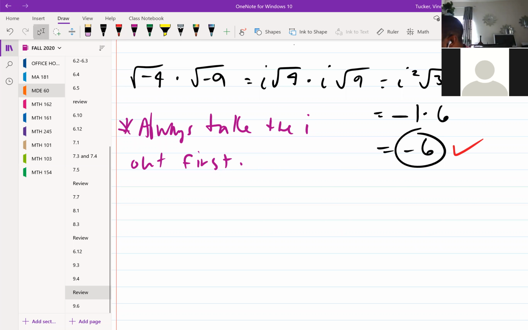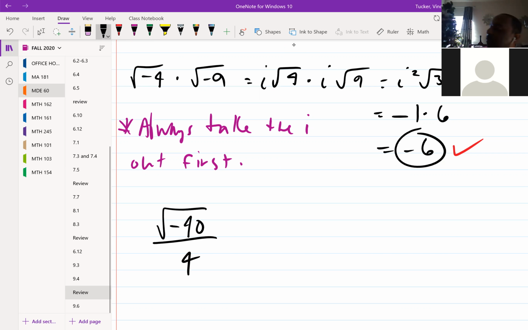One more like this, and then we should be okay to do vertexes. So just reiterating this type of process: the square root of -40 over the square root of 4.